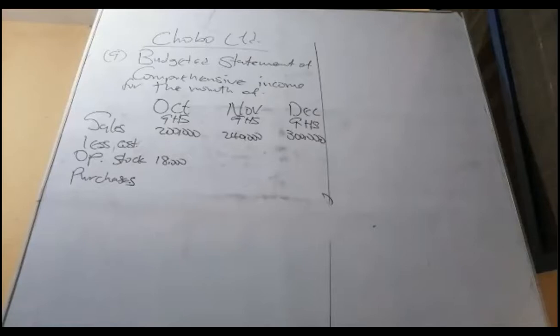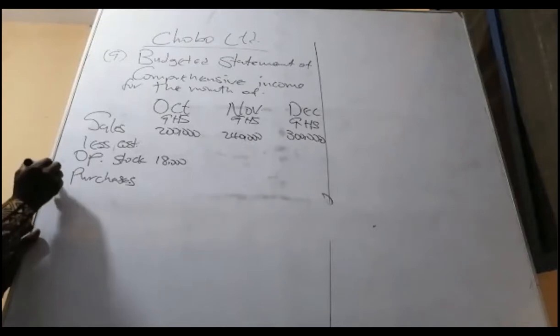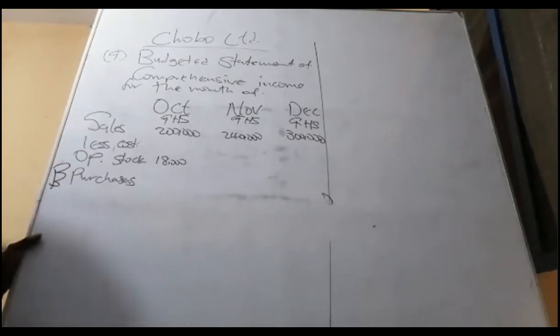Now, if in the master budget we include the gross profit, we will not give you the purchases. So take note, this is a balancing figure, because when we give you the gross profit margin, we are not going to give you the purchases.